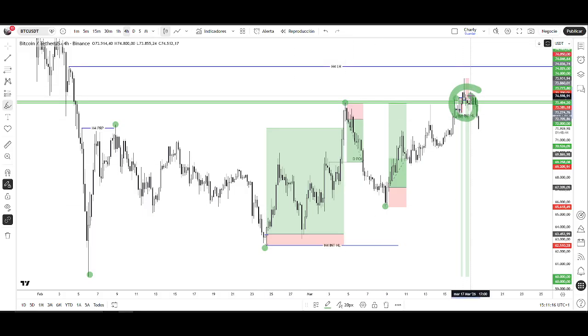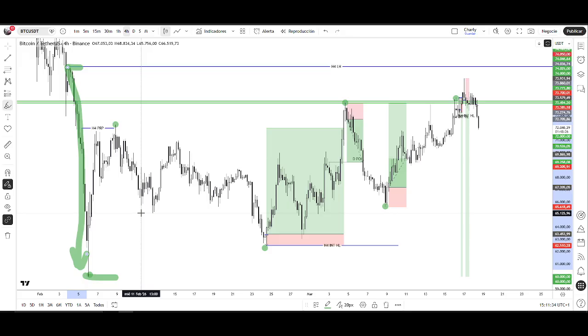We will go over this distribution right now in a second, but we are still in the same range that we did at the beginning of February. We have the 4 hours significant lower high, significant lower low. So basically, we are bearish on the significant structure. Now, on the internal, as you can see, we're bullish. We're doing this bullish buildup.